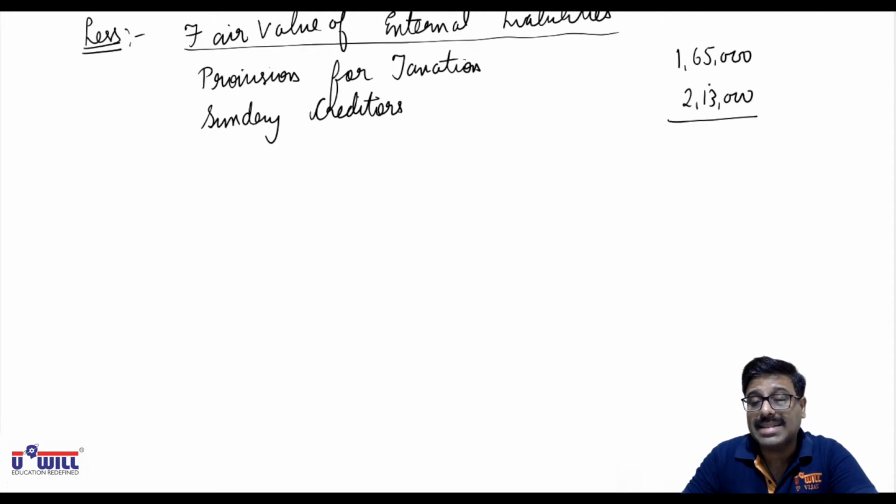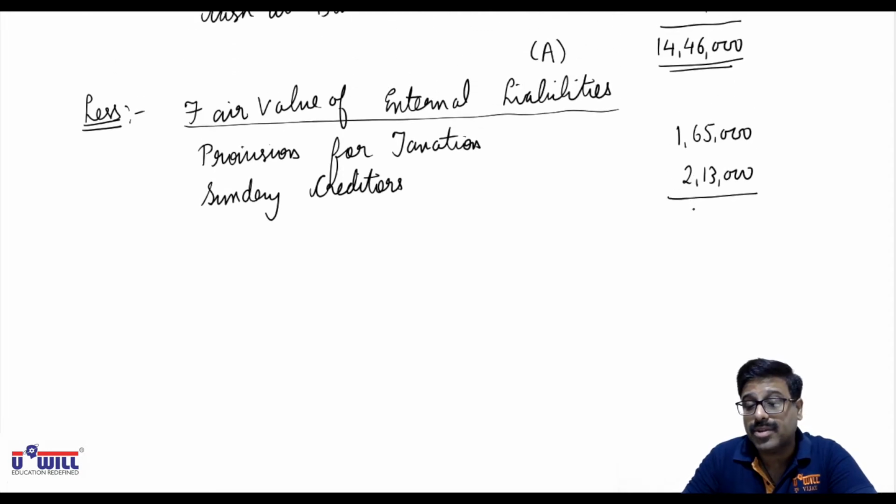So 1,65,000 and 2,13,000 will be 3,78,000.